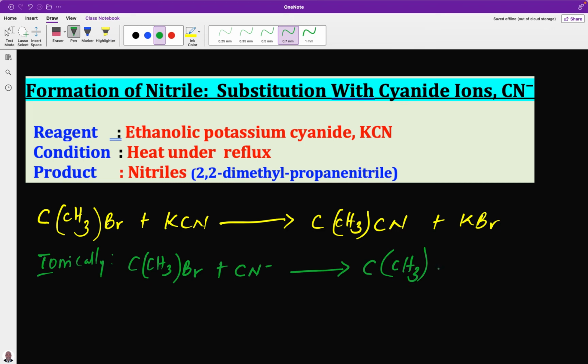This is how you can get it. The cyanide ion attaches itself here, and the bromide ion will be left.